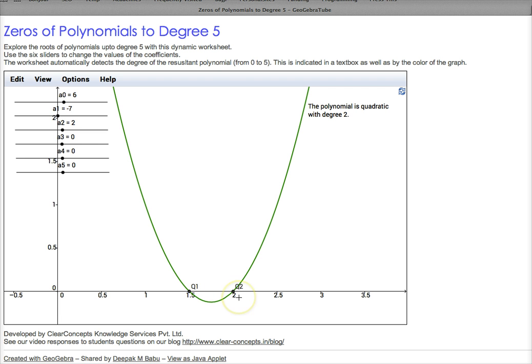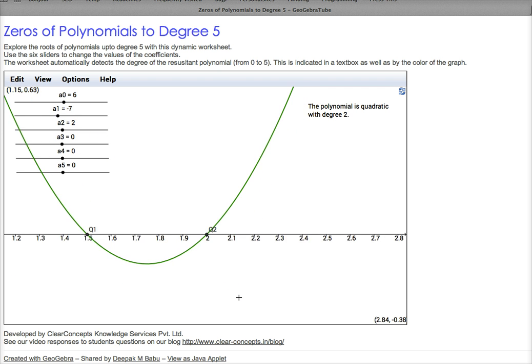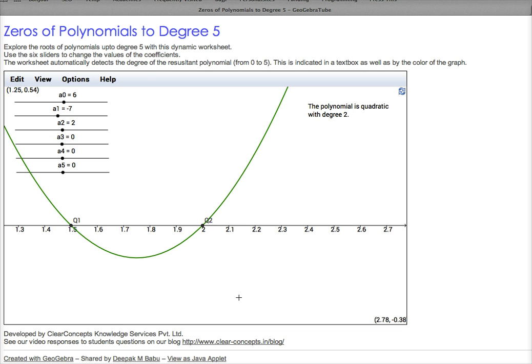Let me zoom in. And there. Do you agree that it's correctly solved for the roots? Also, do you agree that it has detected the degree of the polynomial correctly as 2 and has colored it differently now, in green instead of orange?